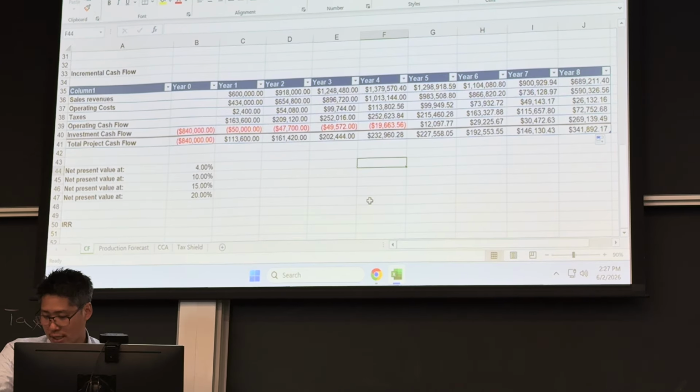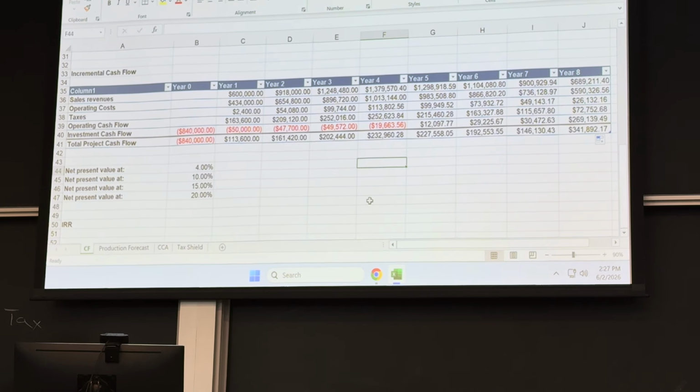So please, try this on your calculator. Punch this in and see if you can get the answer that I'm getting. Can you guys see it? There you go. Okay, so cash flow, let's take a look at this.